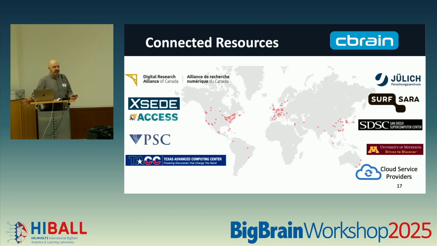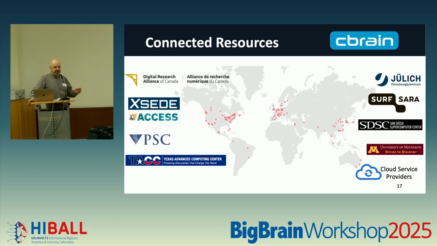In terms of connected resources, don't think of CBRAIN as just a black box, but that black box is connected to distributed sets of data and distributed sets of compute resources. And the good thing about this is that we provide a general purpose set of access as part of our allocation on the Canadian-based infrastructure called the Alliance.